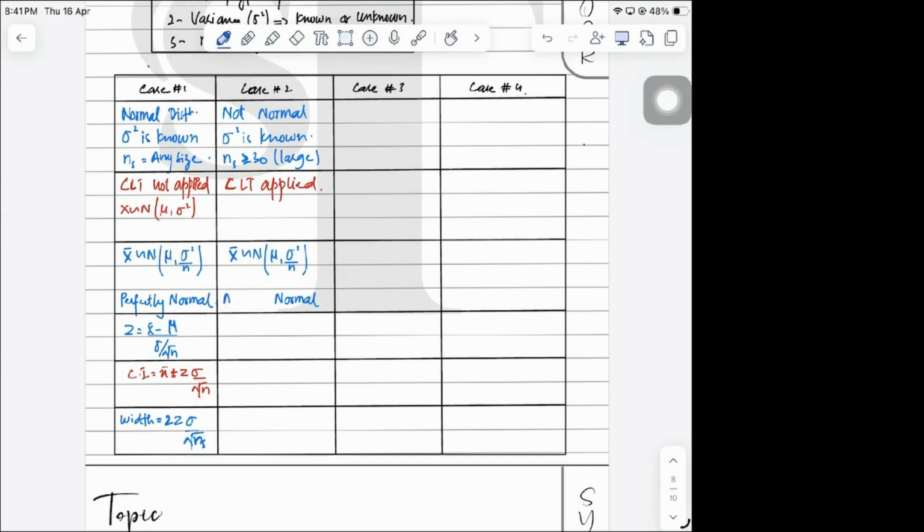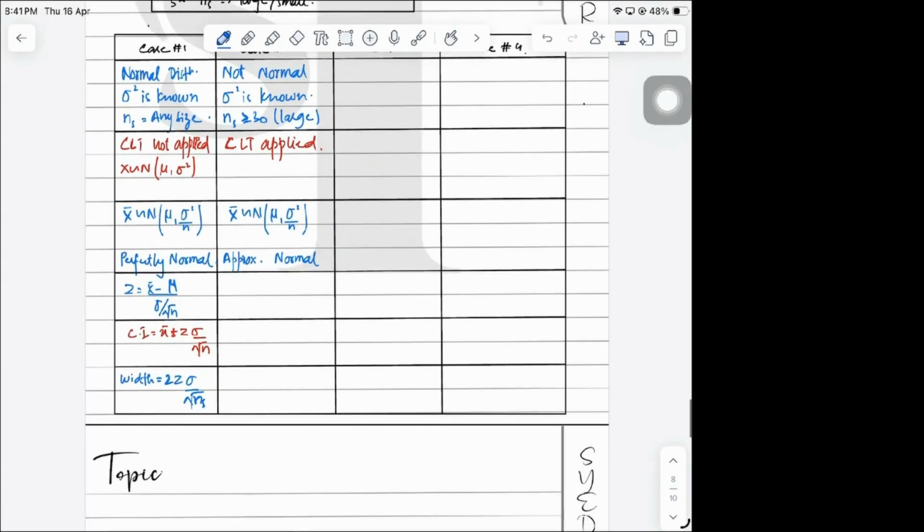We will say it is approximately normal, and we will be using the same formula. The confidence interval will be the same, and the width will also be the same.